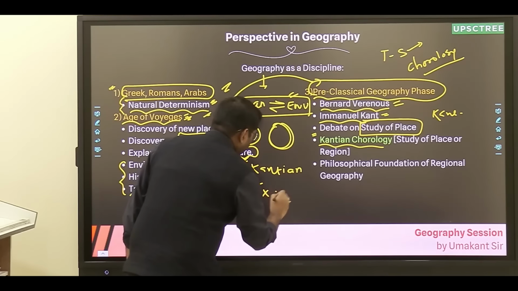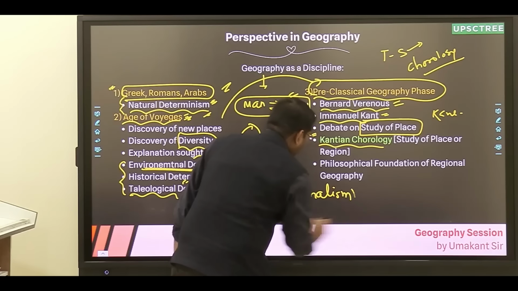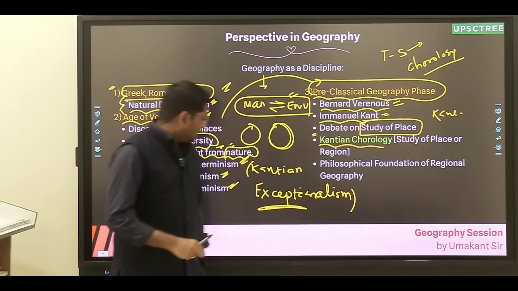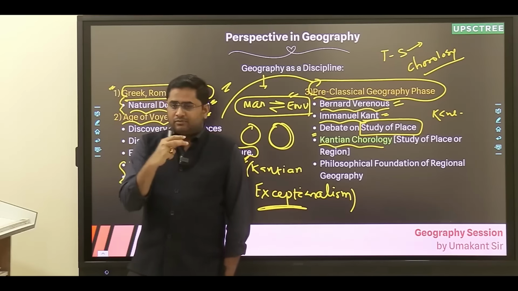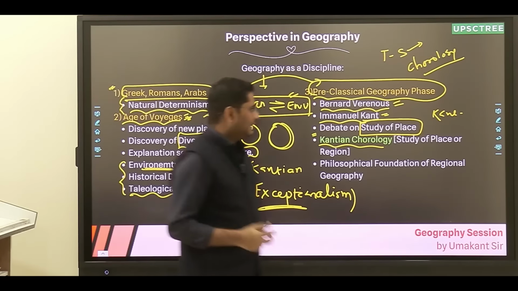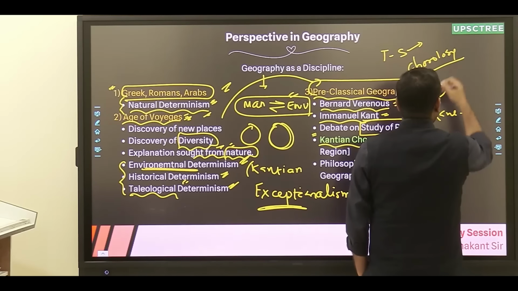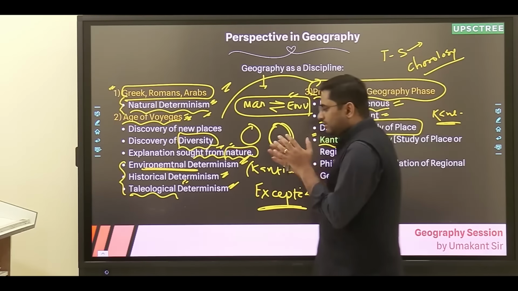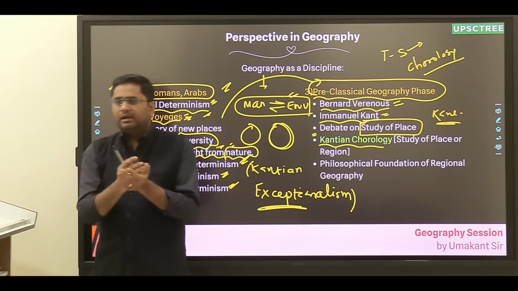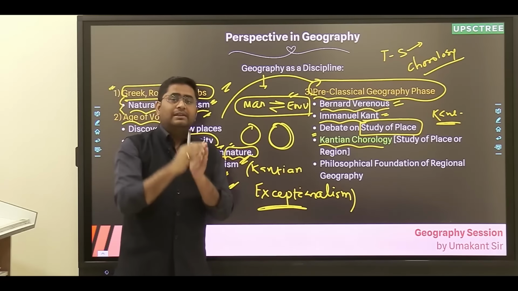Kantian exceptionalism. What is the meaning of Kantian chorology and Kantian exceptionalism? See, these wordings may sound Greek and Latin, but these are pretty easy. These wordings you have to use because that's how you are going to write in your exam. Now, Kant talked about what? Kant focused that a geographer should study a region, that is chorology, and Kant also advocated that the geographer should study the exceptions.